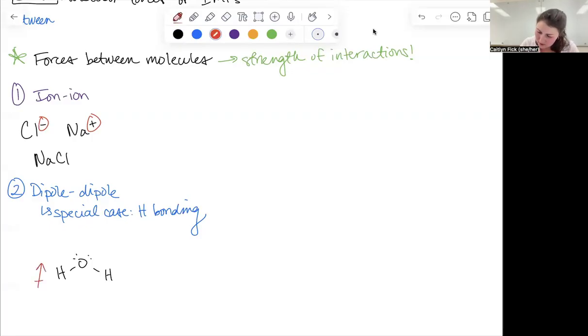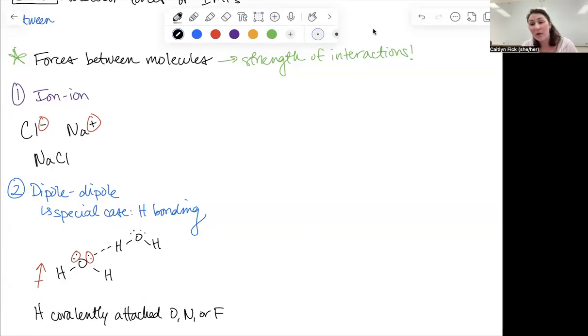We've got our dipole here, and the definition of hydrogen bonding is that we need a hydrogen covalently attached to either an oxygen, a nitrogen, or a fluorine that can then interact with the electron-rich spots, such as lone pairs, on an oxygen or a nitrogen. And that's exactly what we see happening in our water, where the lone pair on that oxygen is interacting with the hydrogen of another water molecule.